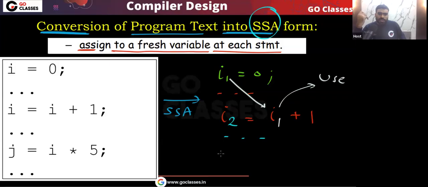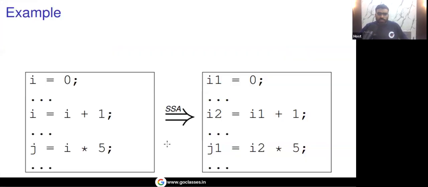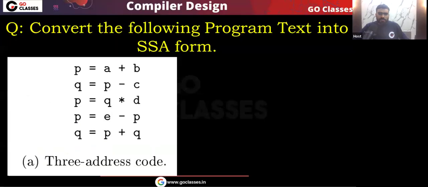Then j equals, now which I is this, I1 or I2? Yes, this is I2, and this is a use. I hope you understood. This is how you can convert into SSA, static single assignment. Is this clear? Very simple.